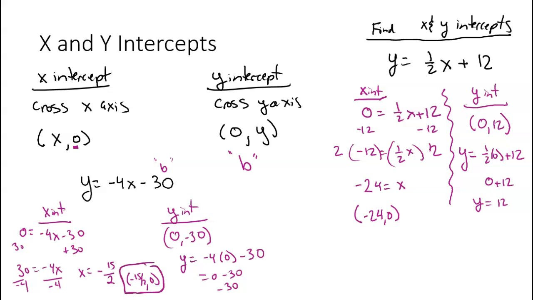That's your x-intercept, and then we have our y-intercept. If you want to leave it as a fraction, that is perfectly fine. If you wanted to write it as a decimal, negative 7.5, comma 0, that's perfectly fine too.